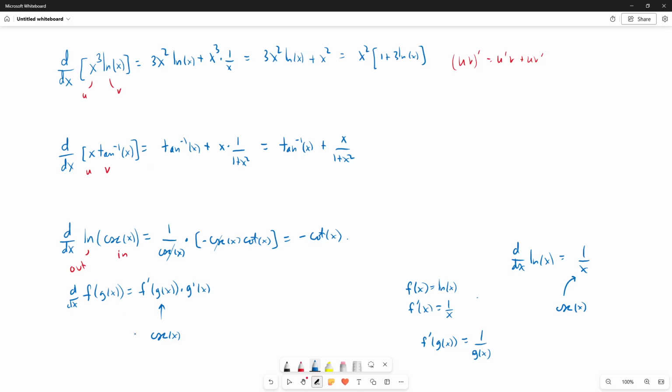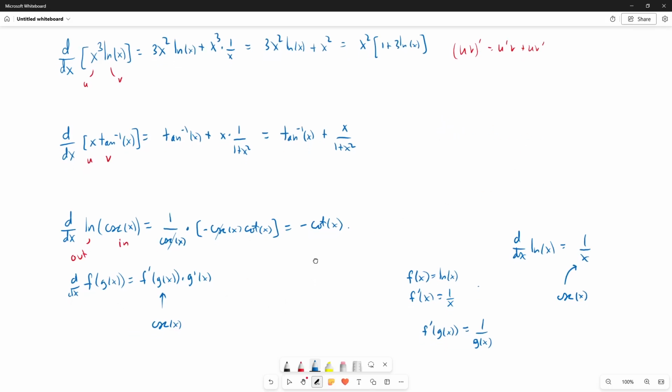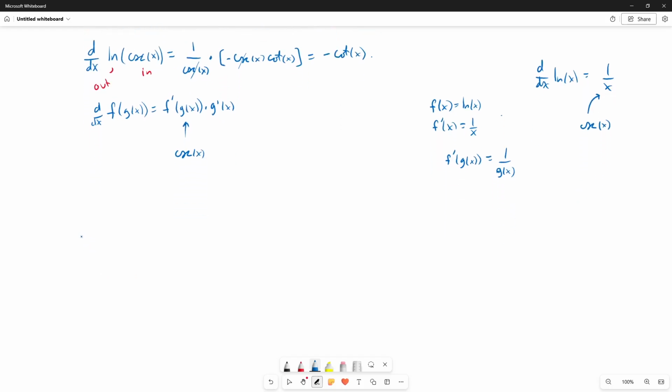I would like to look at this problem another way. Let y equal the function that we're interested in here, the natural log of the cosecant of x. Then we are looking for dy dx. And the chain rule in the Leibniz notation says that dy dx is equal to dy du times du dx.